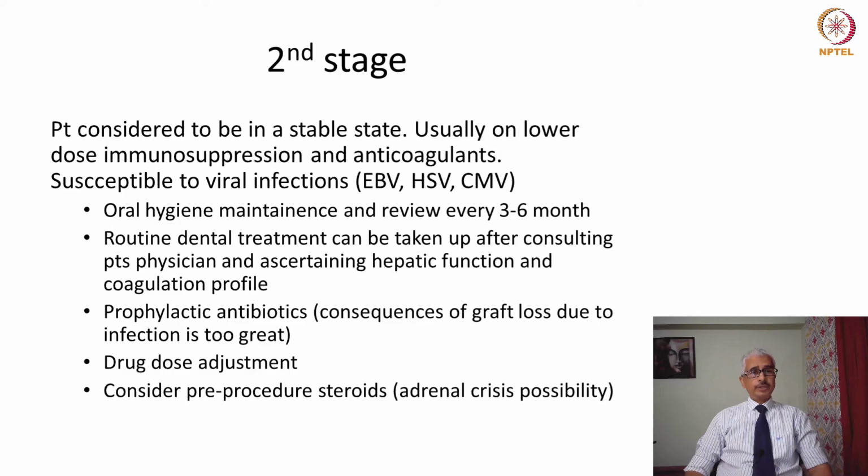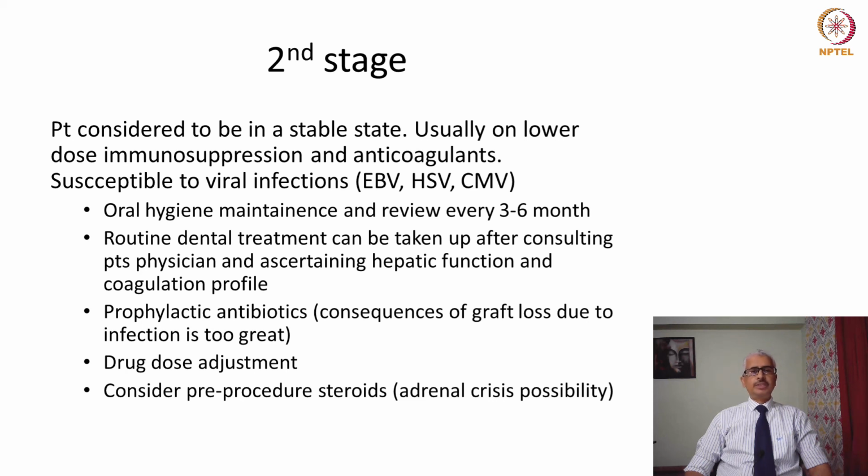Again, the mainstay of treatment is oral hygiene maintenance and a strict review protocol every 3 to 6 months. Routine dental treatment can be taken up after consulting the patient's physician and ascertaining hepatic function and coagulation profile. Prophylactic antibiotic, as we have stressed earlier, should be given.